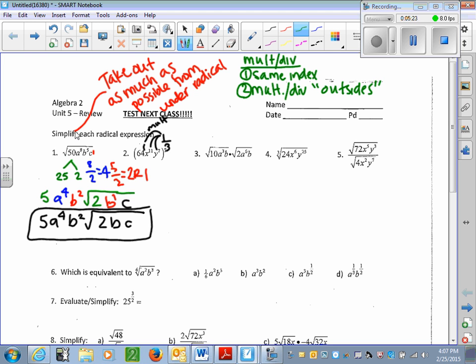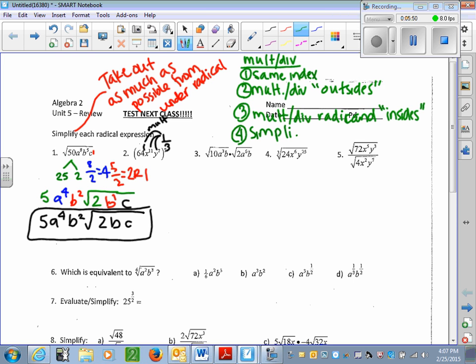Step 3, I multiply or divide my radicand, which is really, remember, it's kind of like our insides, or what's under the radical. And then once I do that, step 4 is just to simplify.